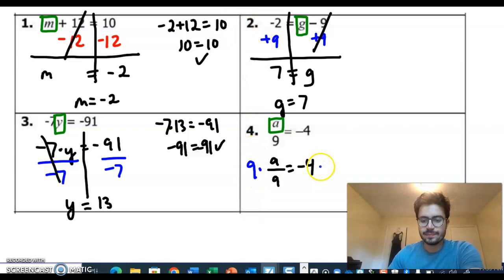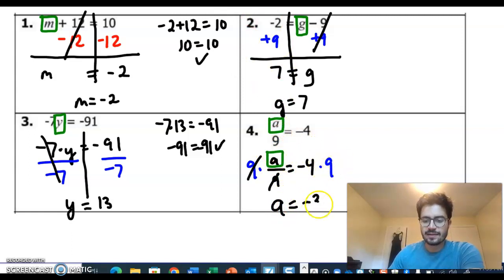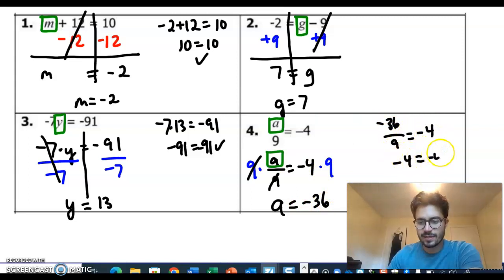That's the opposite. This will cancel it out. I have the a left all by itself. And then I have negative 4 times 9 is negative 36. Let me check. Negative 36 divided by 9 is negative 4. Yes, negative 4 equals negative 4.